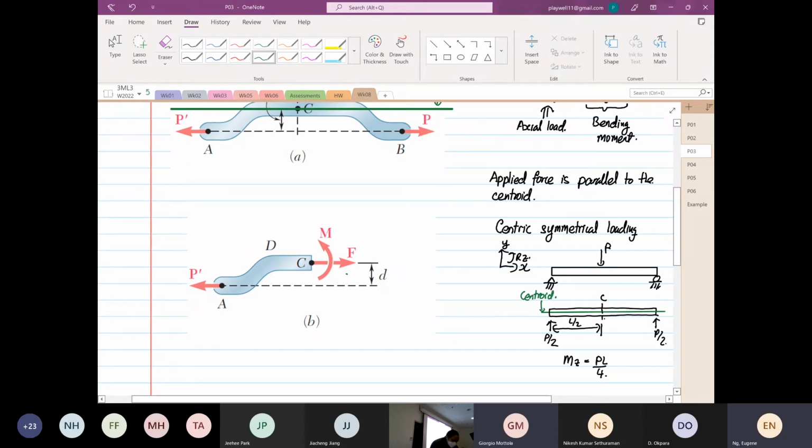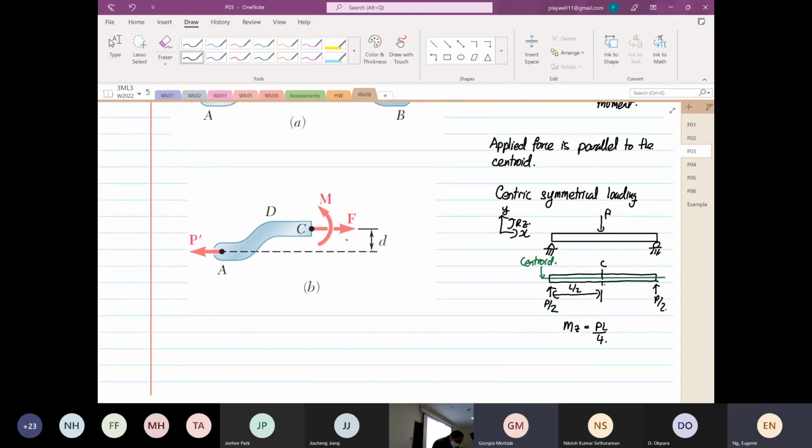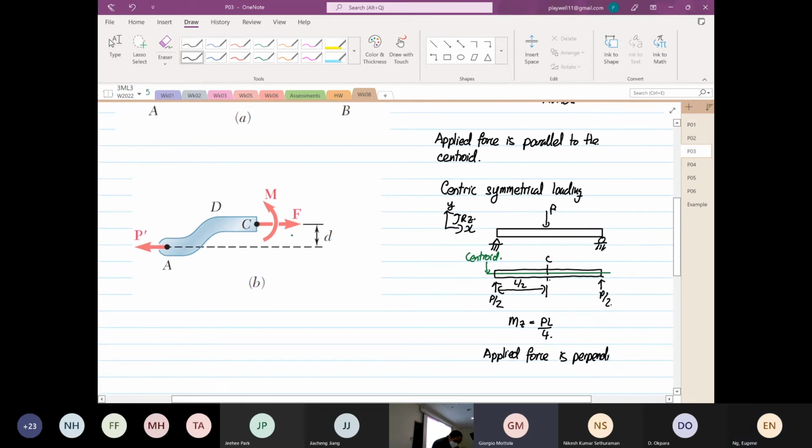So for this case, what we see, right, is the applied force is perpendicular, okay, perpendicular to the centroid. So that's why your moment is PL over 4.